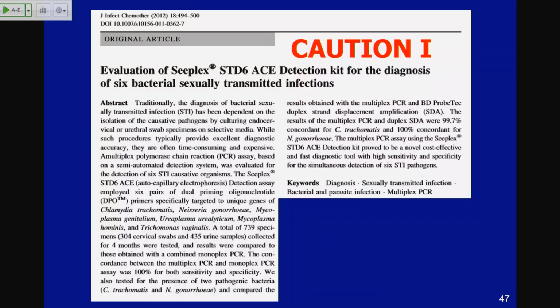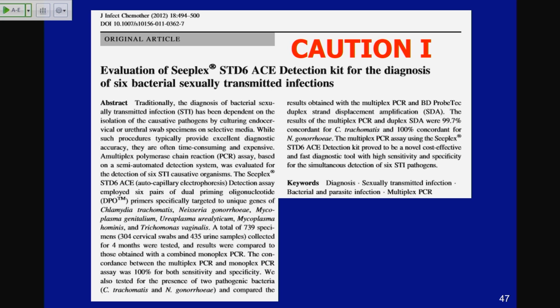All right, so here's one cautionary tale. Here's one paper published in the Journal of Infection and Chemotherapy that looks at a multiplex test for STI agents, including chlamydia, gonorrhea, Mycoplasma genitalium, Ureaplasma, Mycoplasma hominis, and Trichomonas vaginalis.